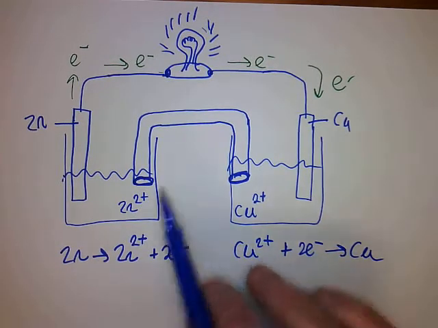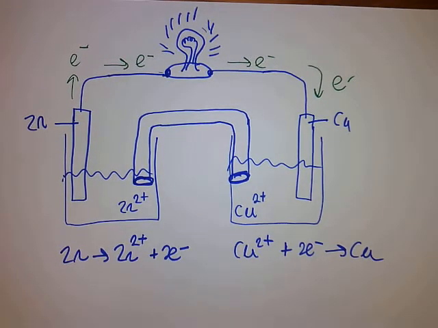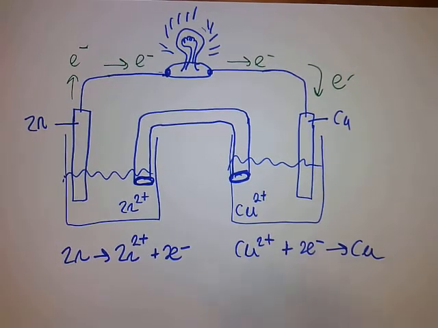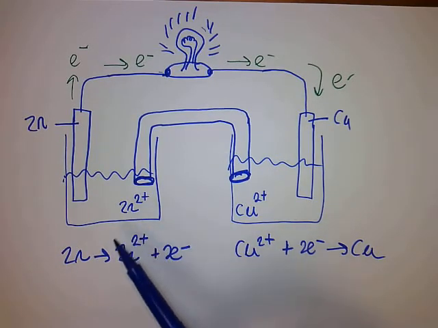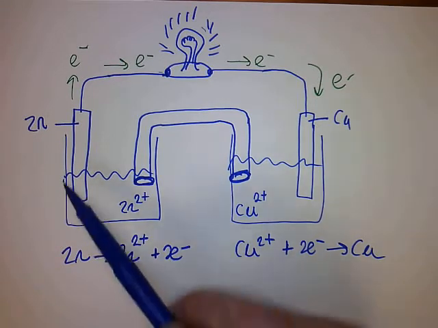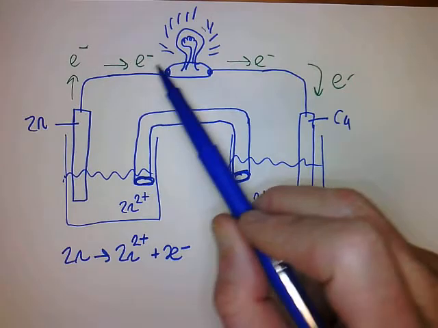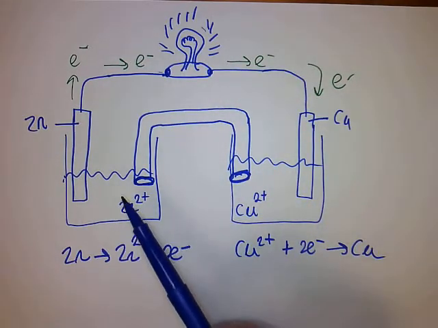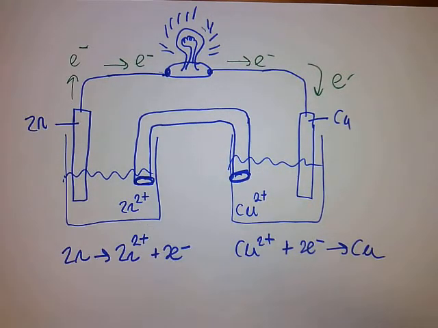So why do we need the salt bridge? Okay. Because think about it. As this reaction happens, as the zinc gets oxidized to zinc 2+, there's going to be a buildup of positive charge here because the electrons are leaving. Okay, the electrons are leaving. So there's going to be a buildup of positive charge in that compartment.